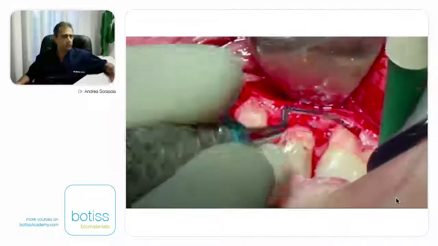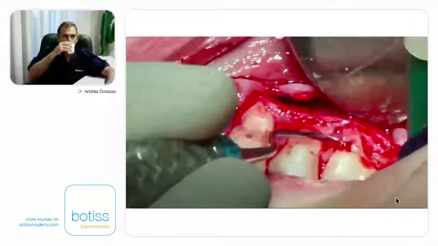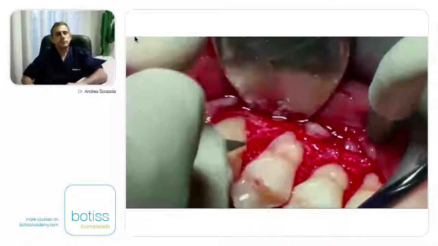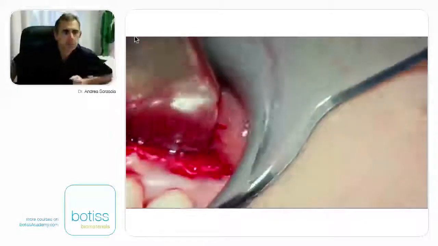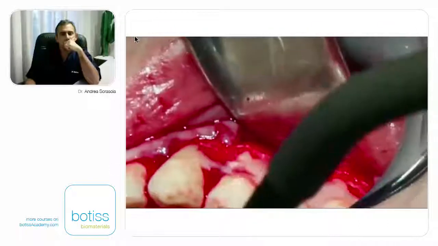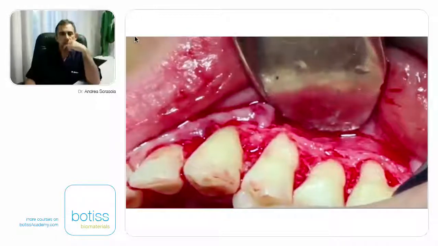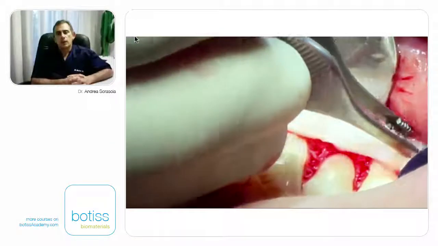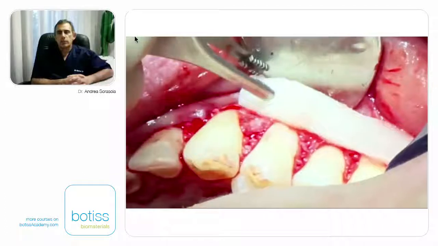So then we treat with gel. Now you can start to control the right thickness of the membrane.